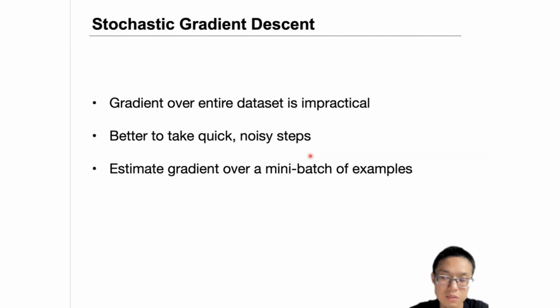We call this a mini batch, let's say 100, instead of considering a million samples in the entire training database. So we can estimate the gradient over this mini batch of examples and quickly update the model parameters. In this case, we can quickly run these iterations and update the network parameters towards a local minimum.